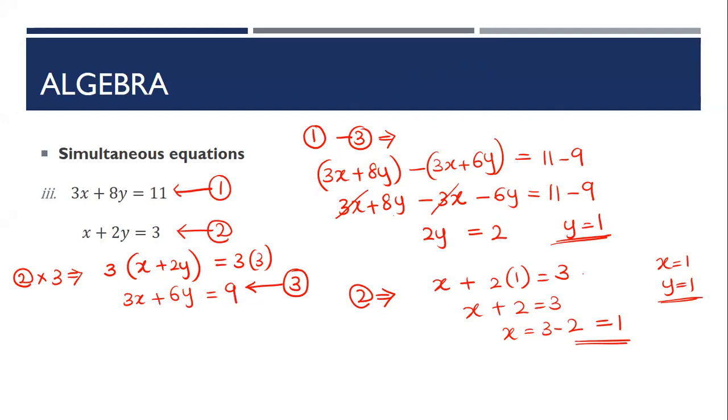Okay, so both ways we are getting our values, x is 1 and y value is 1. So those are the simultaneous equations. If you have any doubt, please raise and ask.